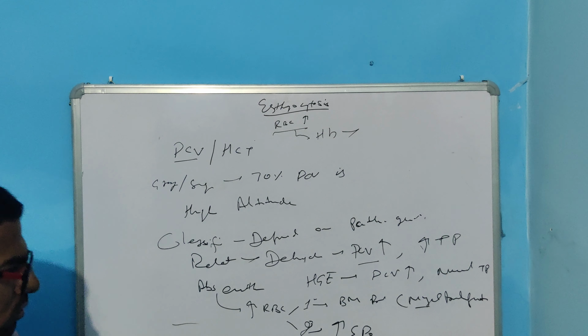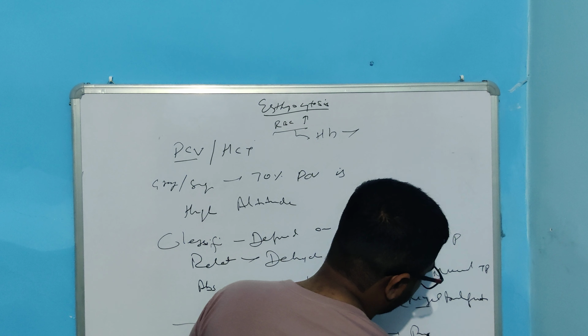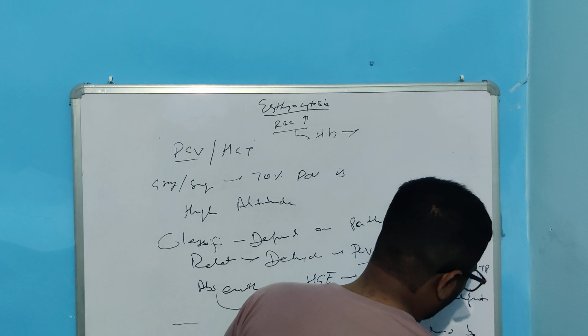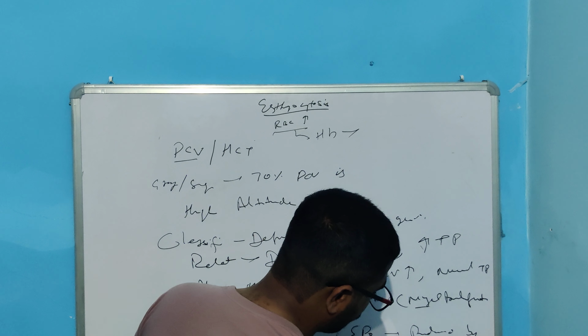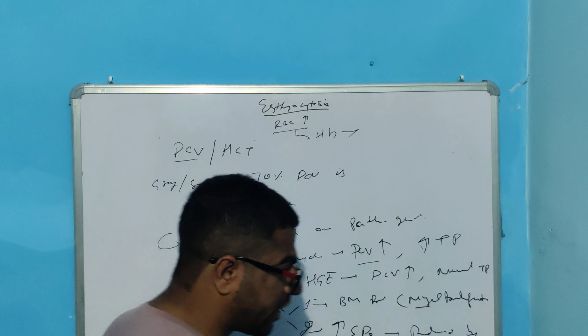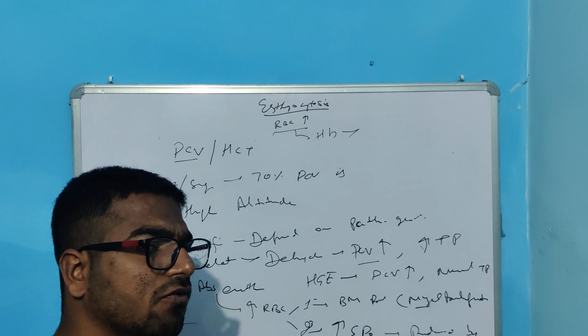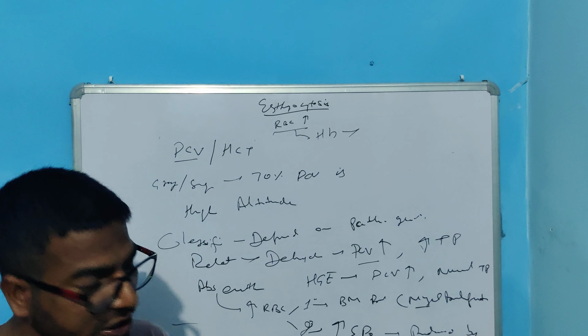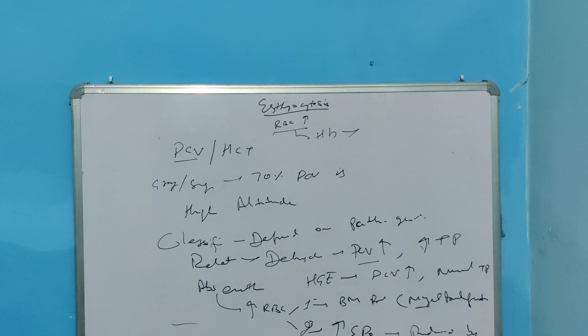Erythropoietin hormone is generally produced by the kidneys, although some tumors also produce erythropoietin. When does the kidney produce excess erythropoietin? Whenever there is tissue hypoxia.